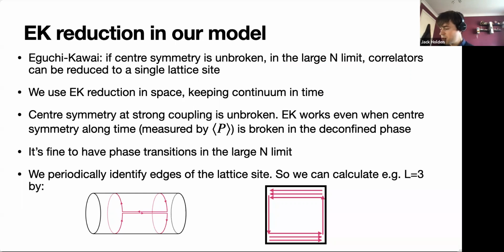Some people who are familiar with the work might wonder why it applies in our case. I'll just say briefly that the center symmetry in our system remains unbroken. And that's why we can use the Iguchi-Kawai reduction in our situation.